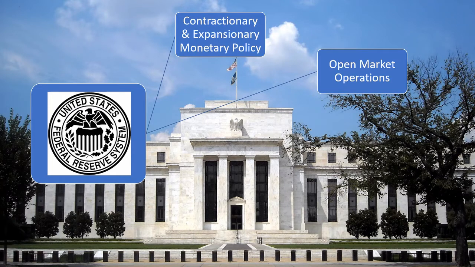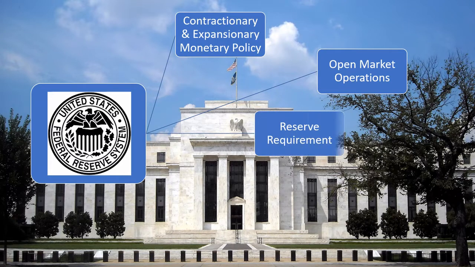If they sell them to the banks, then it's going to be more expensive for the banks to operate because the banks had to buy all of these bonds or bills or securities that the Fed sold them, so they have less money to operate with. If they buy them back, then banks are going to have more money, so they can loan more money out, so they can expand or contract the economy in that way.